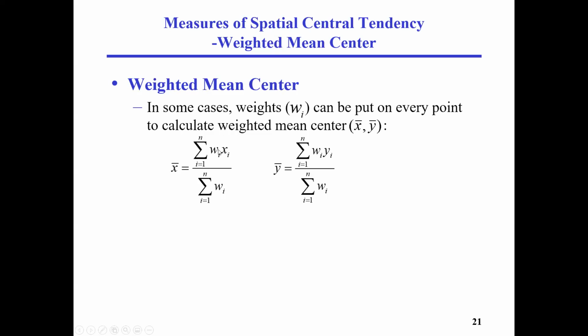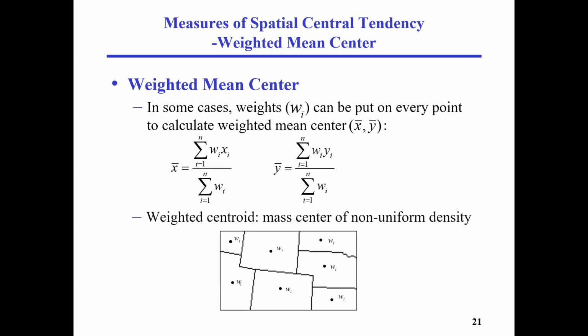You need to use Xi to multiply Wi, which is the weight for Xi. And then the denominator changed to the sum of weights from all locations. Okay, you say, what do you mean weight? What can be considered as a weight? Population can be considered as a weight. Okay, weighted centroid, mass center of non-uniform density.